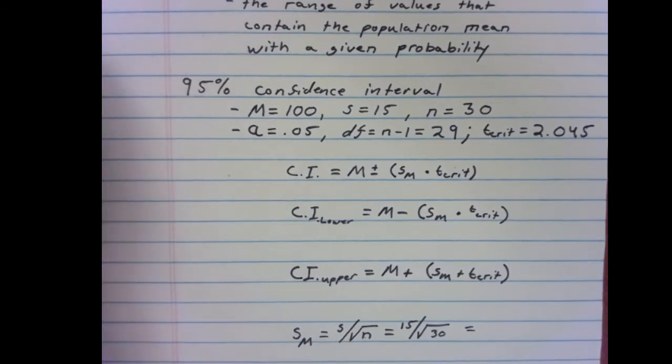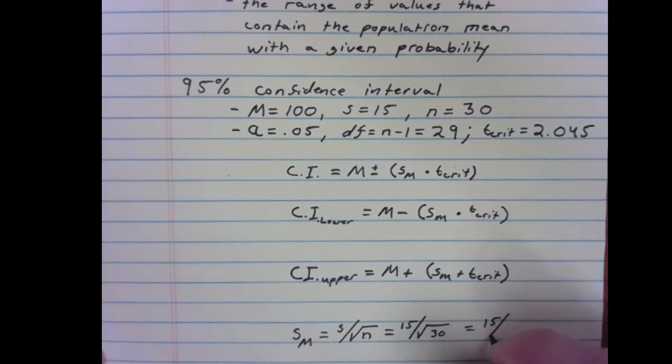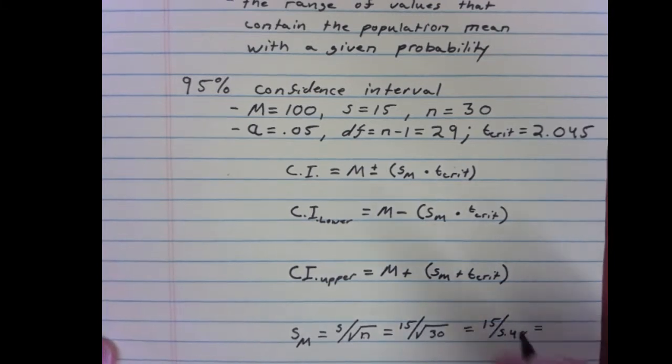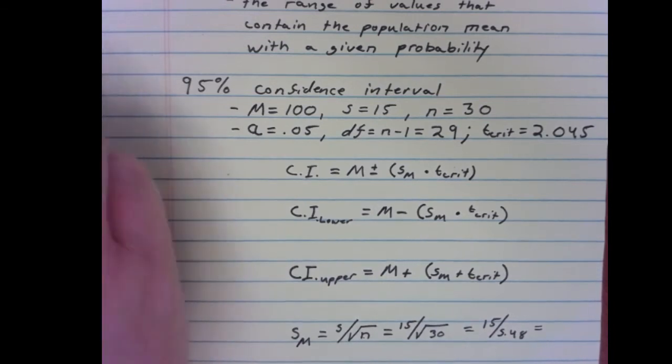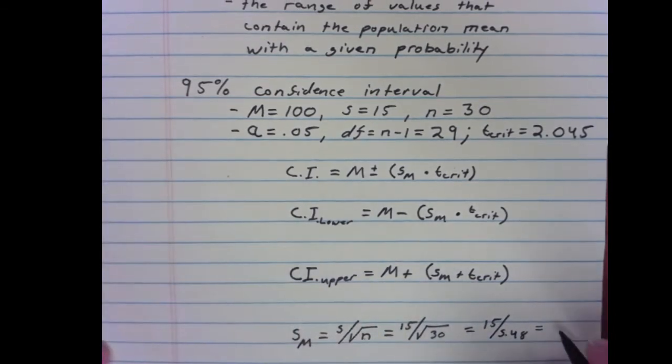The square root of 30, if we take this apart one thing at a time, is going to be 5.48, rounding to 2 decimal places. And again, as always, it's in your best interest to not round until your final answer, but for the sake of clarity, I am rounding. So 15 divided by 5.48 gets us 2.74, rounded to 2 decimal places.